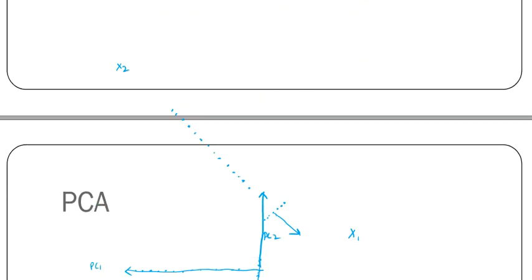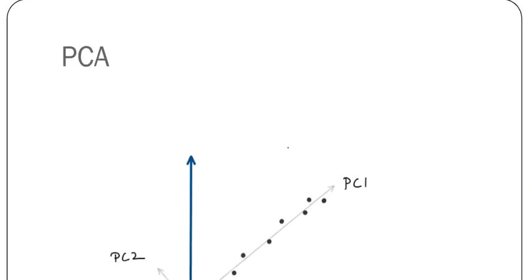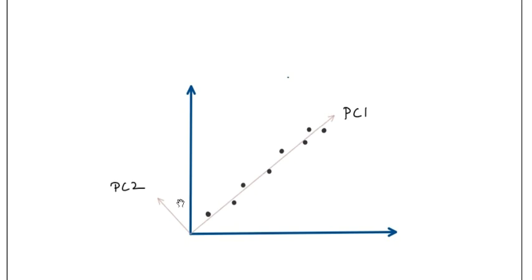Now let's try to visualize it. Let me give you one more example. So let us assume this is again two-dimensional data, x1 attribute and x2 attribute, a two-dimensional feature space, and this is my data. So the data is clearly showing variance only in one direction.